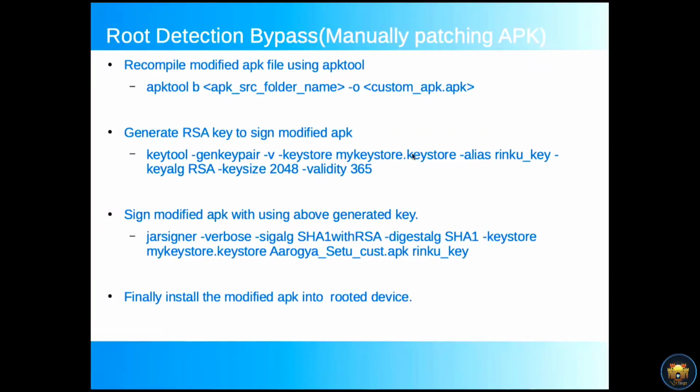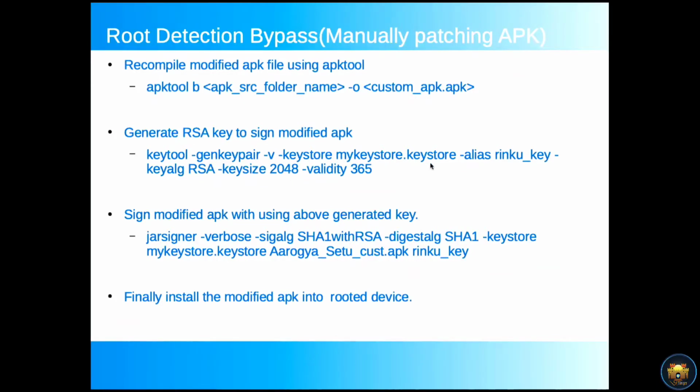After changing that file, we need to recompile the modified APK file using APK tool again, with the command apktool b, the APK source folder name, -o, and then whichever name you want to give the APK. Here the b option is used to build the APK, and -o is for output, saving into the output file.